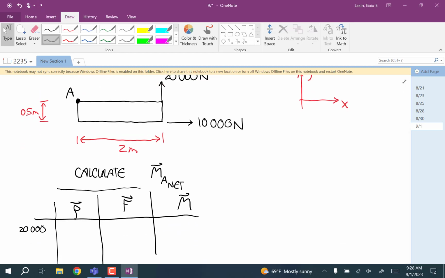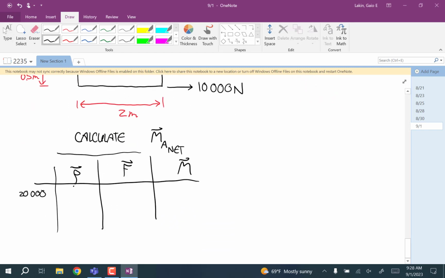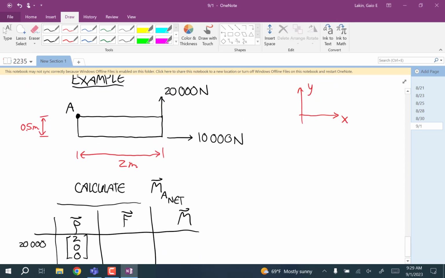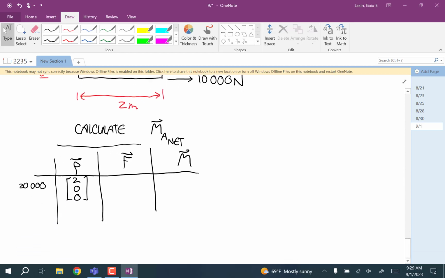So your rho vector is 2, 0, 0. The force vector is in the positive y direction, so this is 0, 20,000, 0. And the cross product is, you get 0 for x, 0 for y, and then positive 40,000 for z.